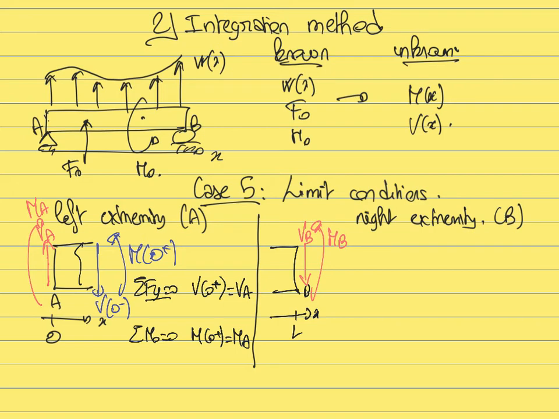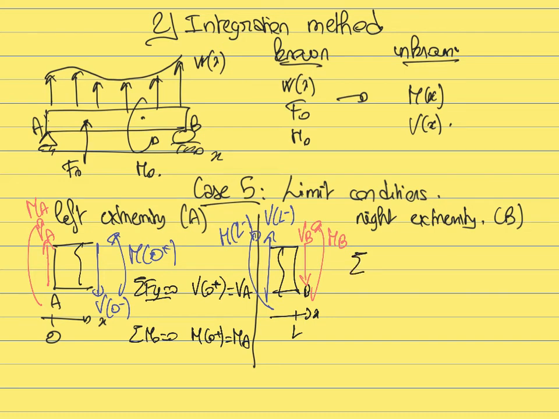Same thing, I'm going to define now what happens inside the beam at the point L, but coming slightly from the left. I will have the internal moment at L minus, at the point L but coming from the left. So you have the shear at L minus and the moment at L minus. Same thing, conditions of equilibrium.